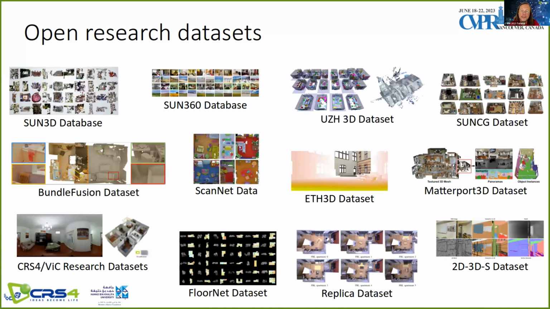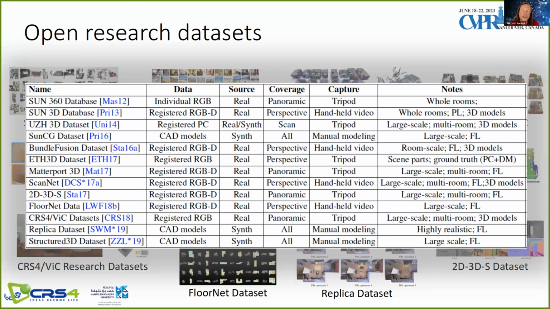For additional details, we refer you to our survey article and the tutorial website that we will update in the coming weeks with links to several important data sets. The importance of the data sets is very, very important, as I say, for deep learning solution.